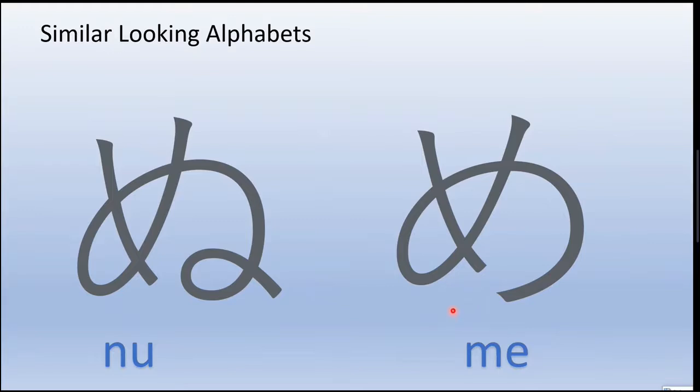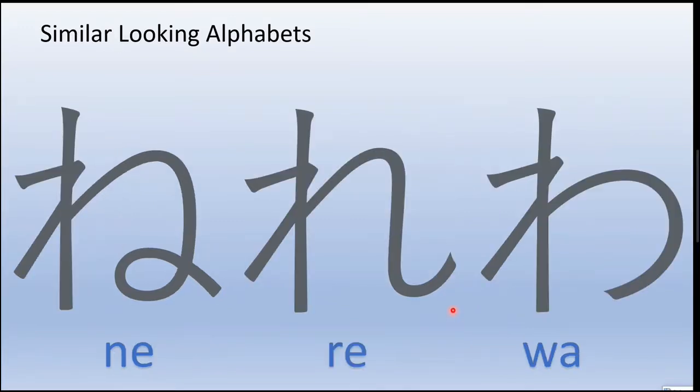Observe the similarities between the two. And likewise, ne, re, and wa. So all these are very, very similar in look. So do practice these separately with special attention and focus so as not to get confused while writing them. These are three sets of similar looking hiragana symbols.